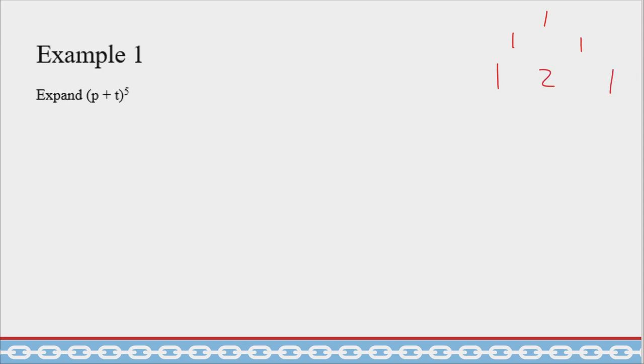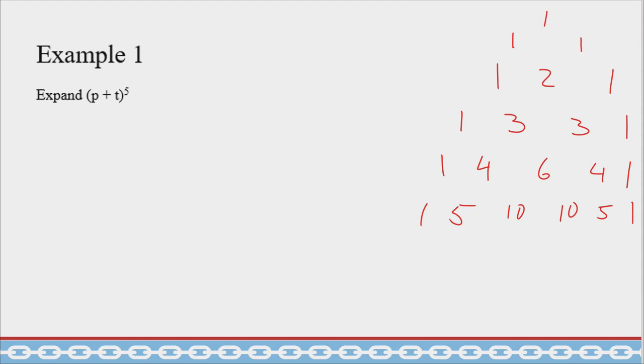So that's row 2, 1, 3, 3, 1. That's row 3, 1, 4, 6, 4, 1. That's row 4, 1, 5, 10, 10, 5, 1. That's row 5.